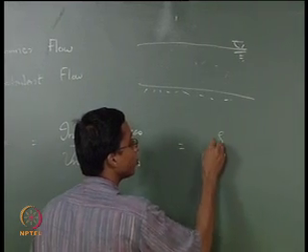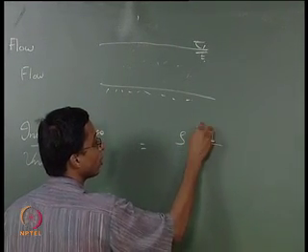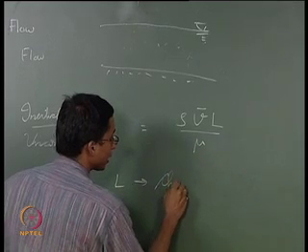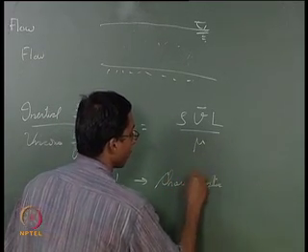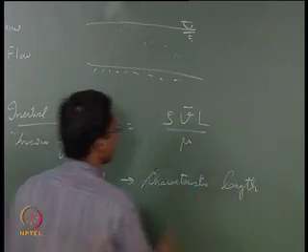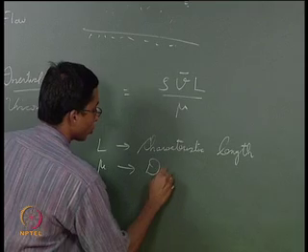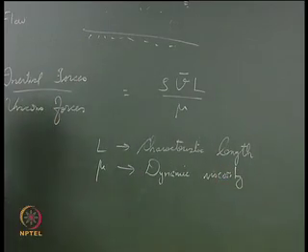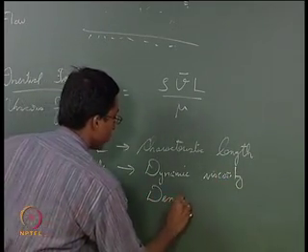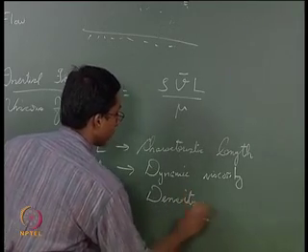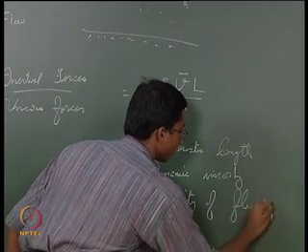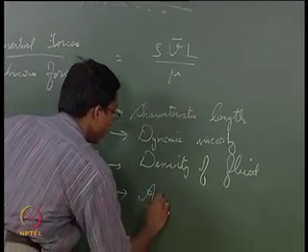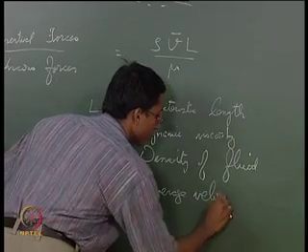One of the common expressions you might have seen is rho v bar L by mu, where L is any characteristic length, mu is the dynamic viscosity of the liquid, rho is the density of fluid, and v bar is the average velocity in the cross section.